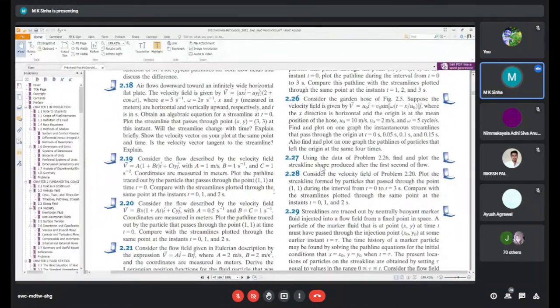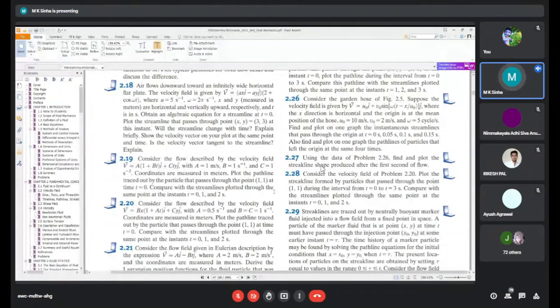Coordinates are in meters, SI units. Plot the path line traced out by the particle that passes through the point 1 1 at time 0, and compare with the streamline plot through the same point at the time instants 0, 1 and 2.